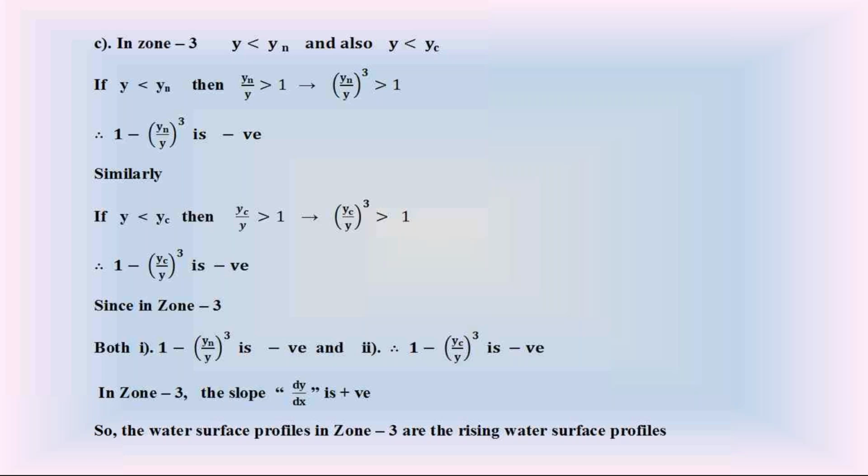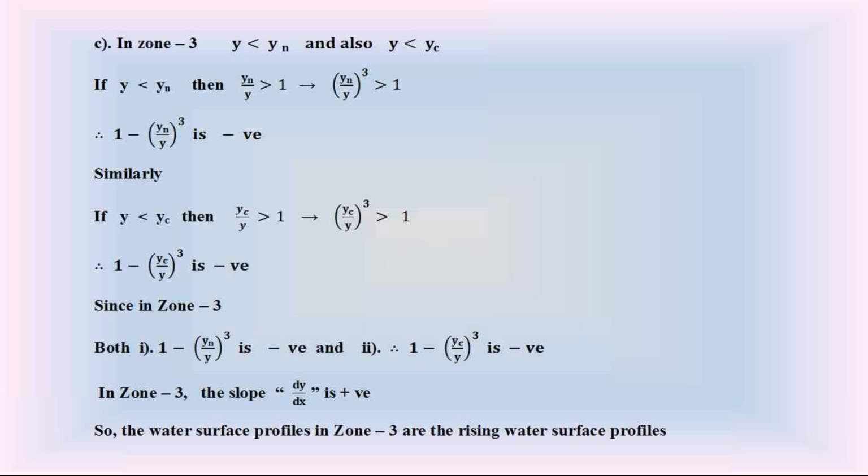At zone 3, the slope dy by dx is positive. So the water surface profiles in zone 3 are rising water surface profiles. So this is the slope dy by dx of the water surface profiles in zone 1, zone 2 and zone 3.